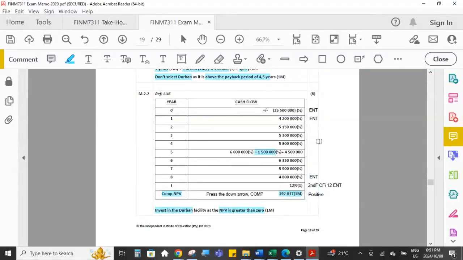You don't have to type in all these enter, second function, etc. I'm just putting that there so that you guys know what buttons to press when you're doing this on your financial calculator.